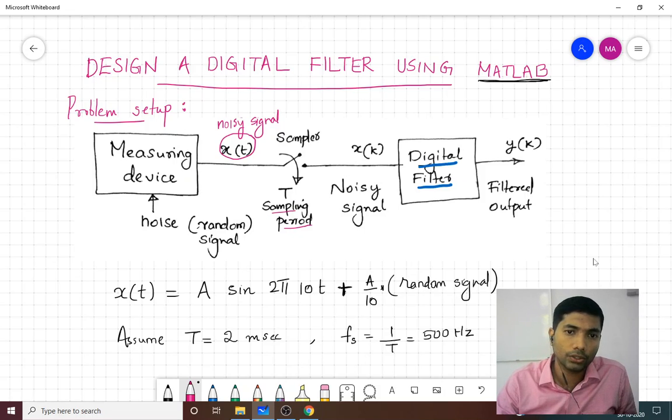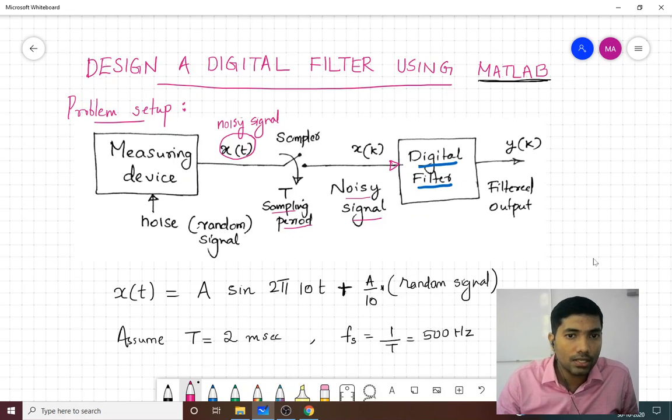And so we obtain the discrete equivalent of the continuous signal, which is still a noisy signal, but it is in a discrete domain. And this noisy signal is given to the digital filter, so that the digital filter will perform the filtering operation, and we will get the filtered output as the output of the digital filter.